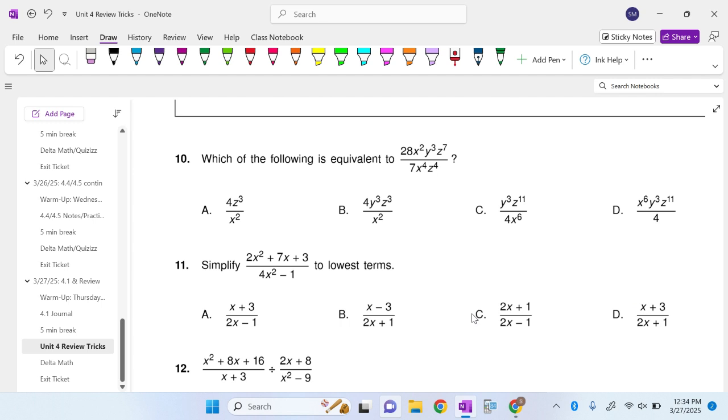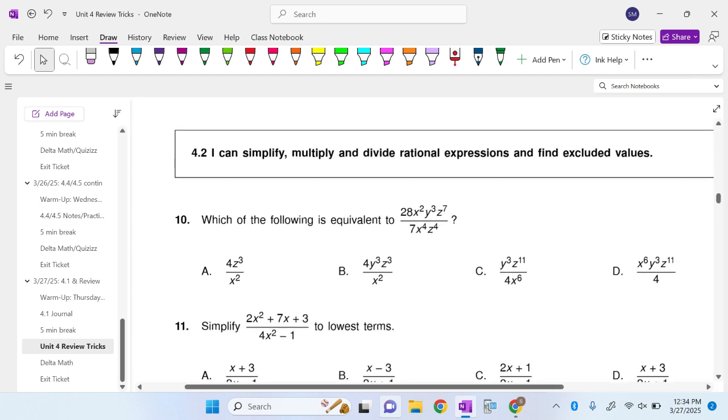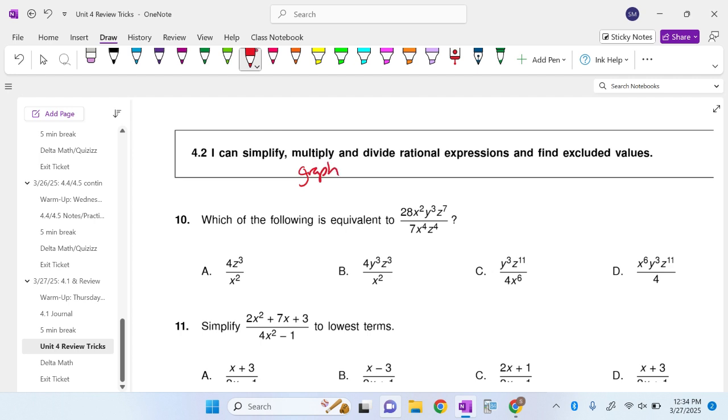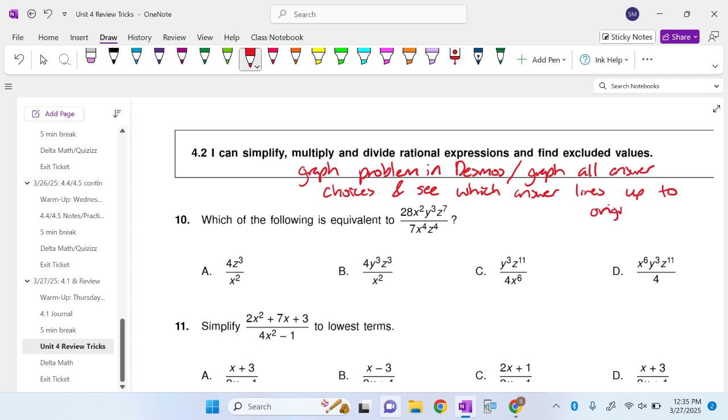And what you do for almost all of these, if it's asking what does this equal, all you want to do is graph the problem in Desmos, graph all the answer choices, and see which answer lines up perfectly to the original graph. And that's your answer.